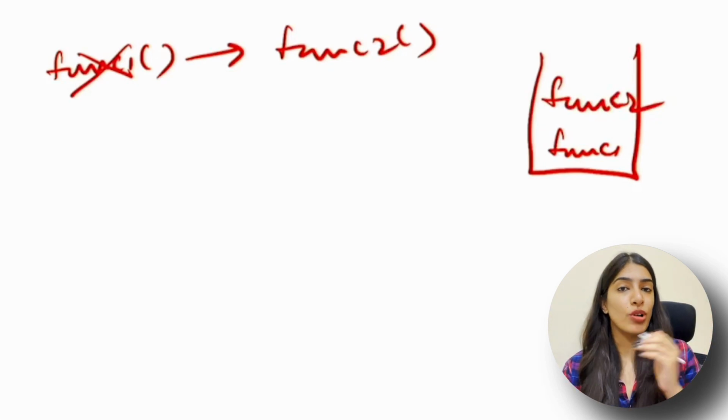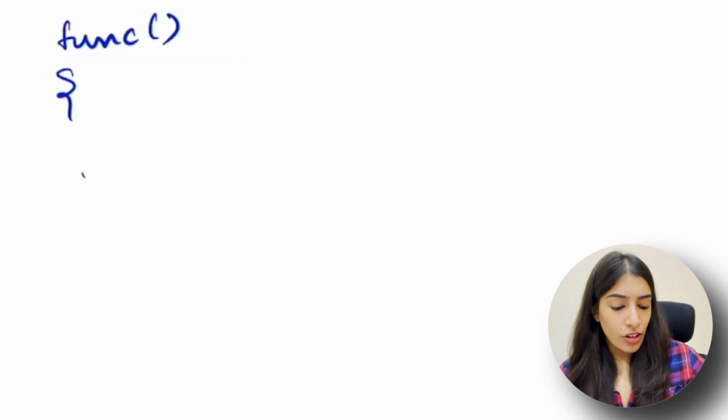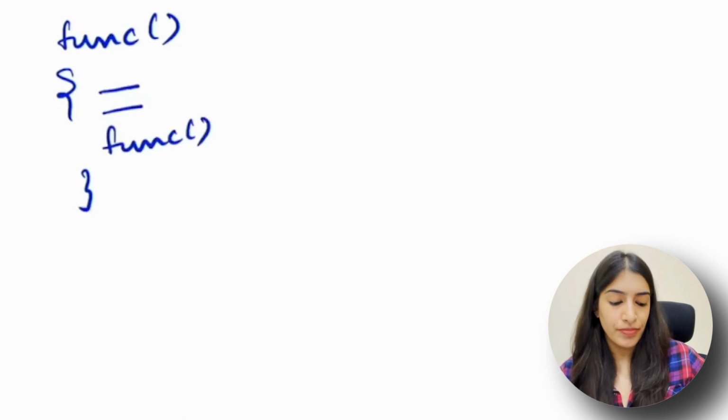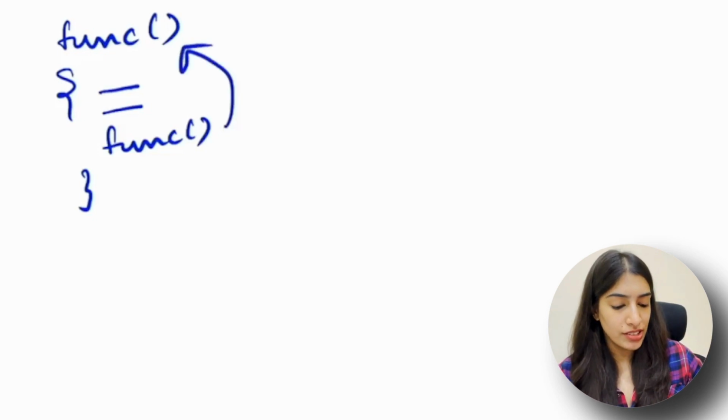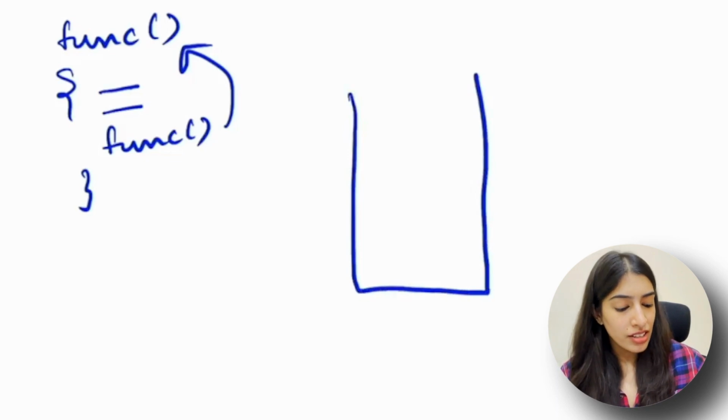Now, why is this important for recursion? Let's look at that. Suppose we have a recursive function, and from inside this we are doing something and calling the func again. We are calling this say 5 times: 1, 2, 3, 4, 5, the code that we just wrote. Now what will happen? This is a stack. We created some memory for this func.